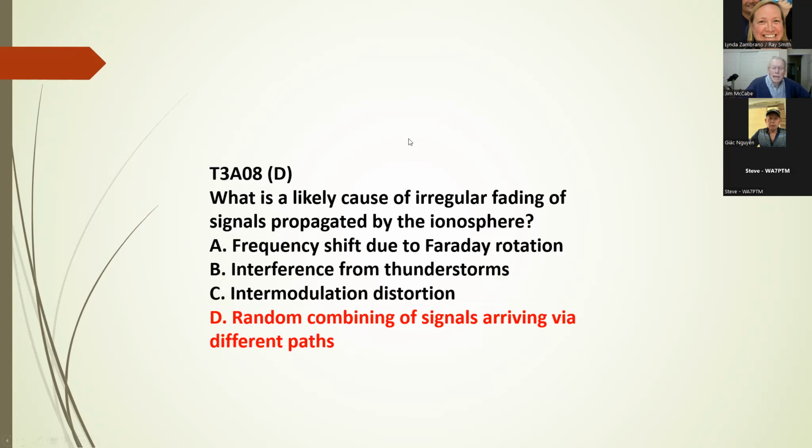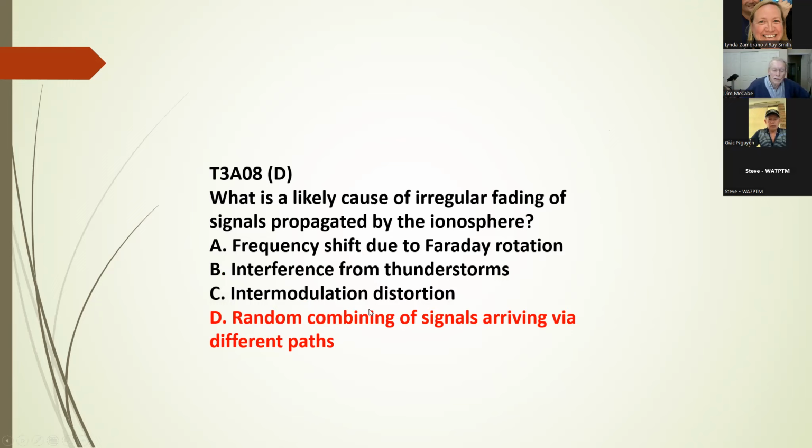What is a likely cause of irregular fading of signals propagated by the ionosphere? Again, irregular. Okay, we saw that chart early on, all the different ways your signal can travel through the ionosphere, all these different paths.